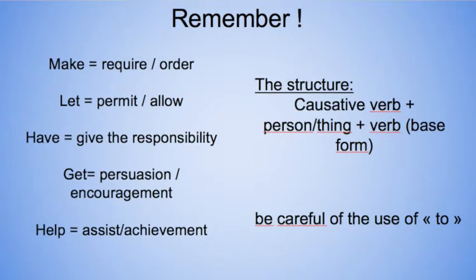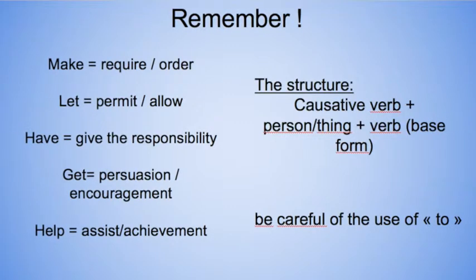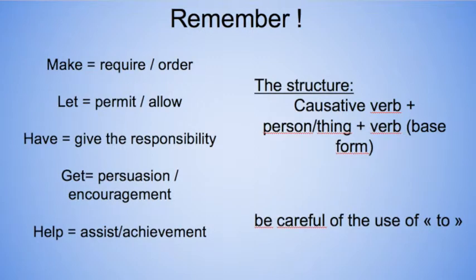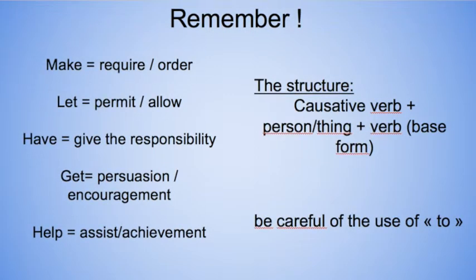When you force them to take an action, it is often an order or rule. We'll use the verb let when we allow them to do things they usually want to do, when you permit them to do so, or when you permit something to happen.